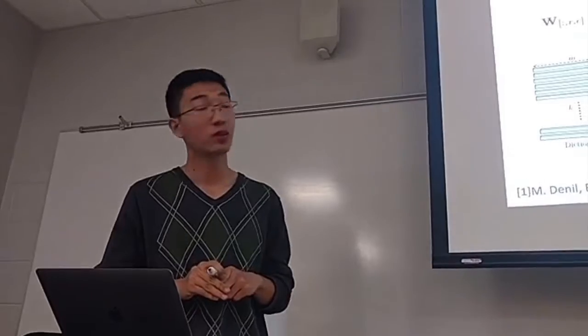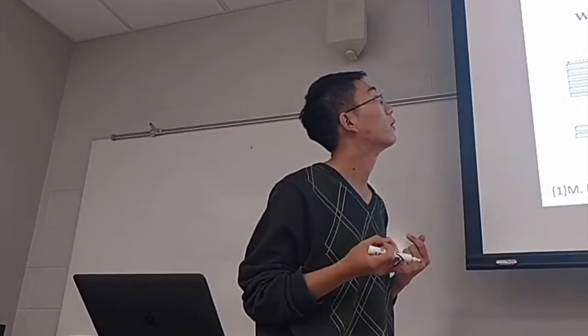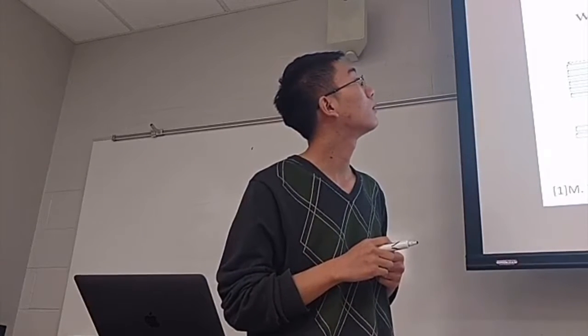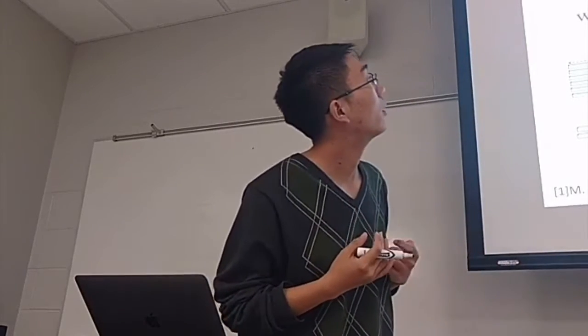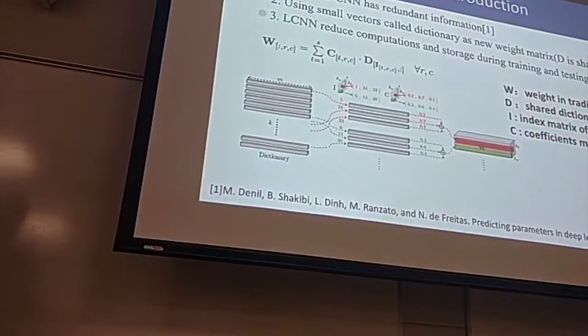So for the LCN, the weight is firstly decomposed into three matrices. The first matrix is D. The D you can call a dictionary. In traditional CNN, in one layer there are many weights, and these weights are different.